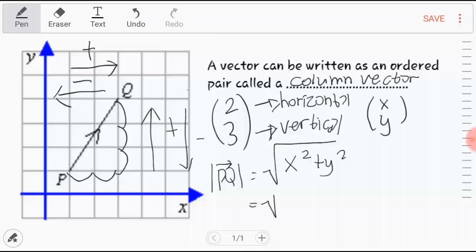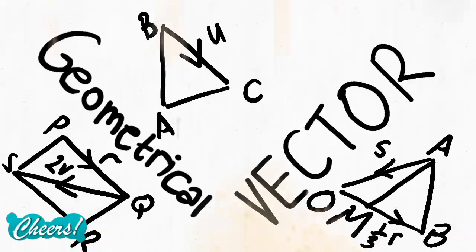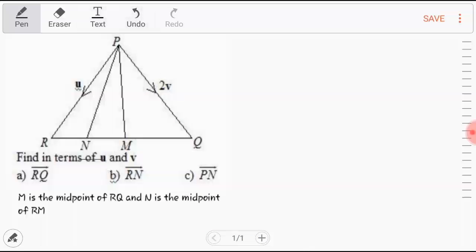So it's 2 squared plus 3 squared, and then the result will be the square root of 13 units, remember? So the square root of 13 units. Basically this is one of the examples involving vectors in a geometrical shape. It doesn't have to be a triangle like this, it can be a rectangle or any other shape.